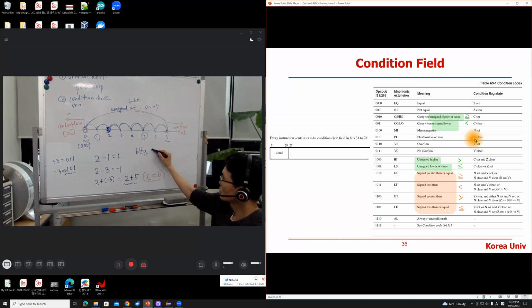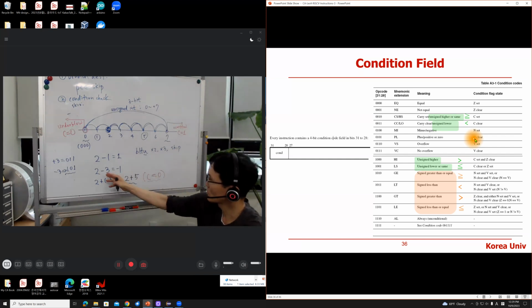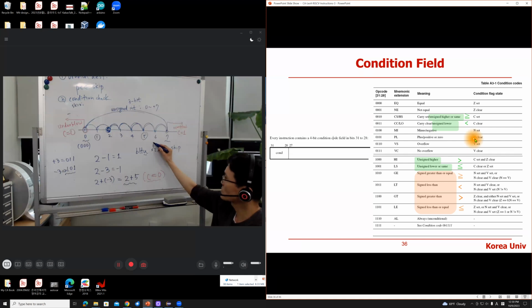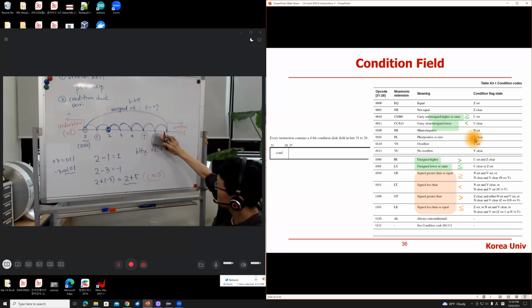You want to compare these two, and if the condition is met, then the program counter will be set to skip. Assume taking these two as an example: X2 contains 2, and this one 3. Then the less than condition is not met, right?